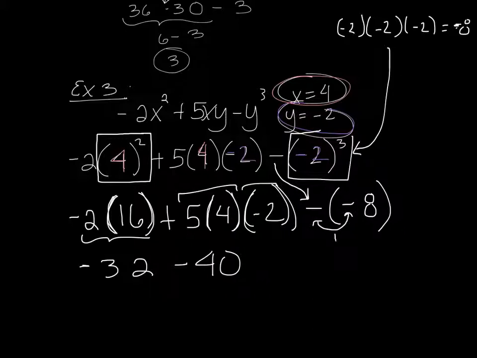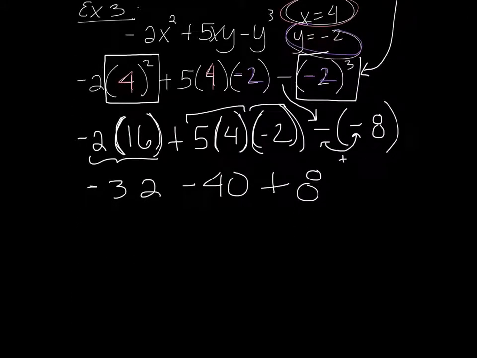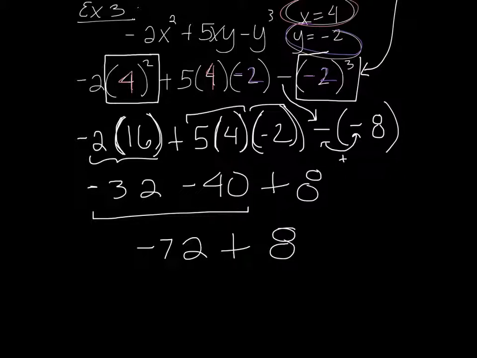Negative times negative is positive, so that's plus 8. Again, we can just perform these from left to right. That really means you're adding two negatives. So negative 32 plus negative 40 is negative 72. And then if we add 8, if you owe $72 and you pay $8, what's your balance? Well, you're still going to owe $64.